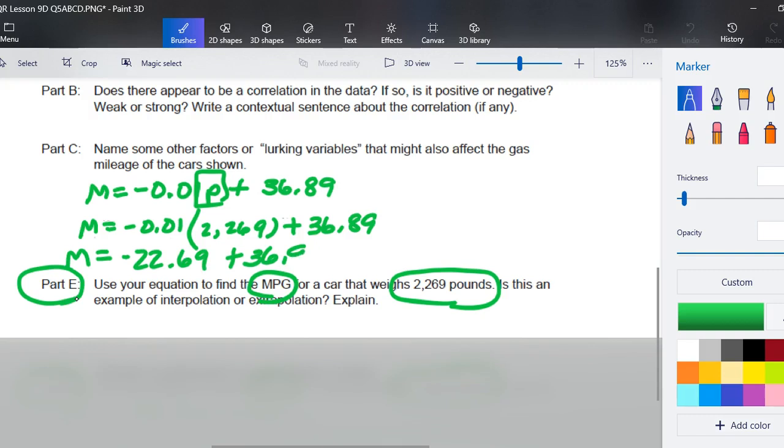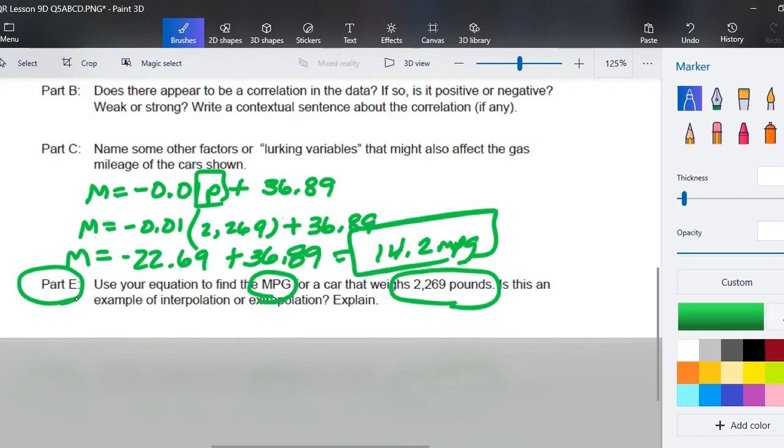I need to add in the y-intercept, so negative 22.69, I'm going to add in 36 and 89 hundredths, and I'm getting that our miles per gallon would be 14.2.